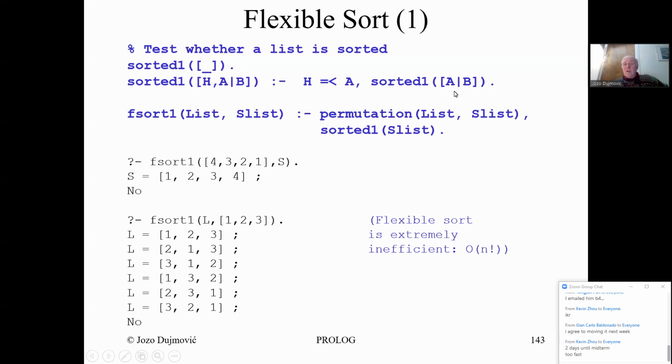So you always have in PROLOG that you can never reach the second line unless you failed the first line. So you always have to go top down. And when we go top down, then we have checking of a list that is shorter than the original list.